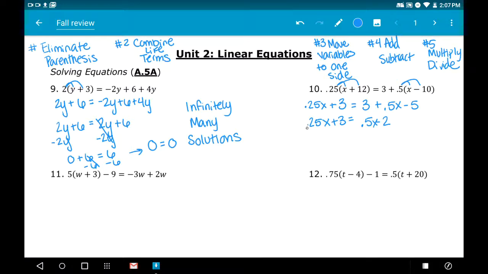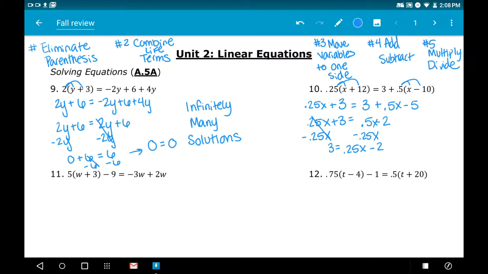So I'm going to pick the smaller one to move. So I'm going to subtract 0.25x. So minus 0.25x. So we end up with 3 equals 0.5x minus 0.25x is 0.25x. And then we keep that minus 2.